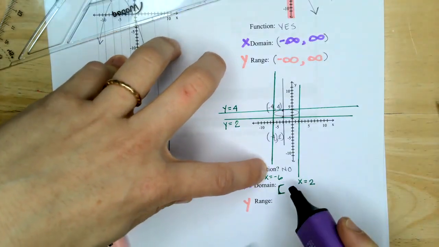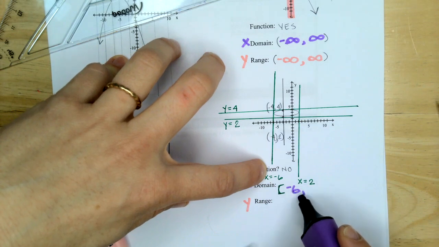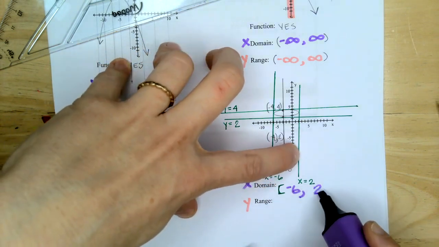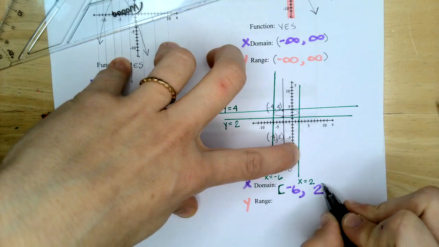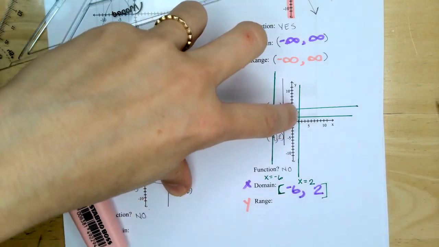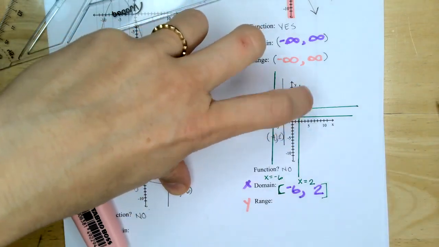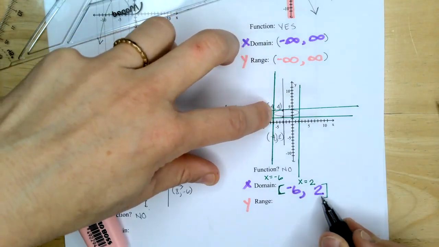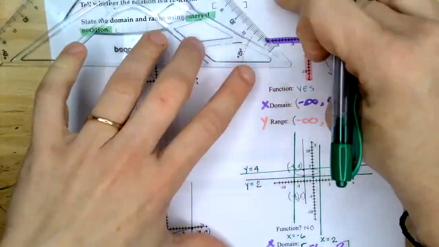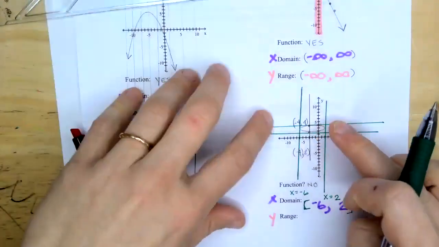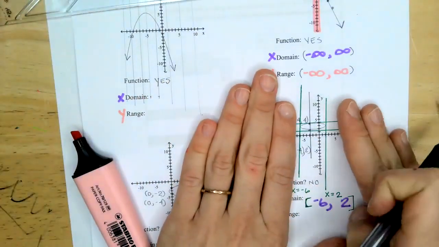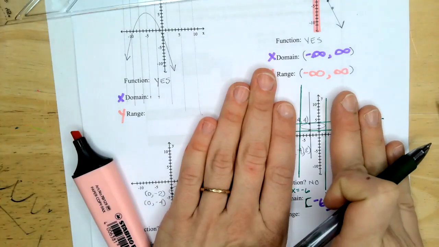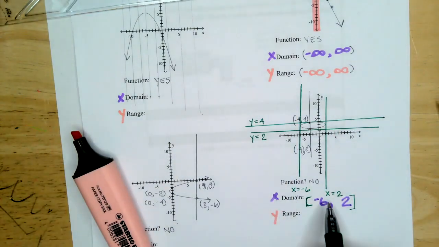So from negative 6 until 2 only. It's going to touch positive 2 and it's going to touch negative 6, but it's not going to go past that. This graph does not exist outside of between negative 6 and 2 on the x-axis because domain is the x.